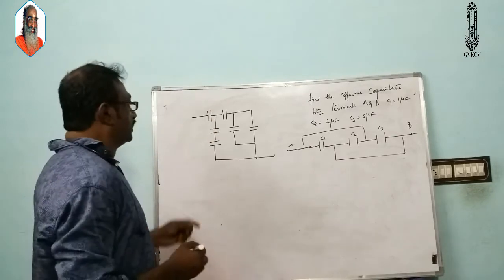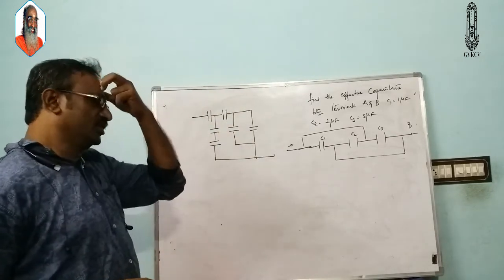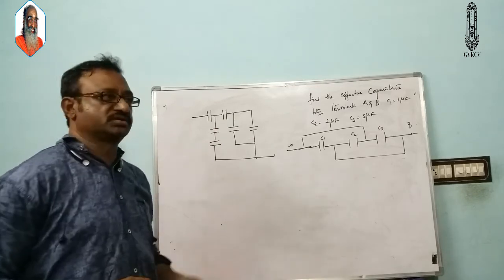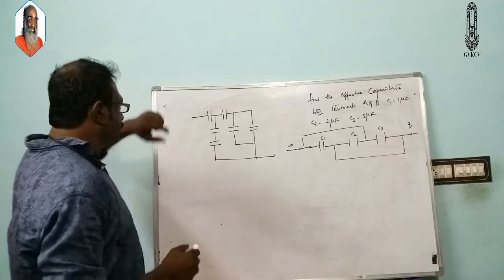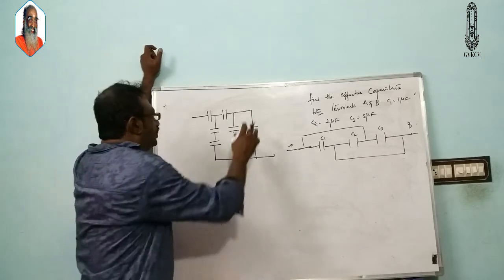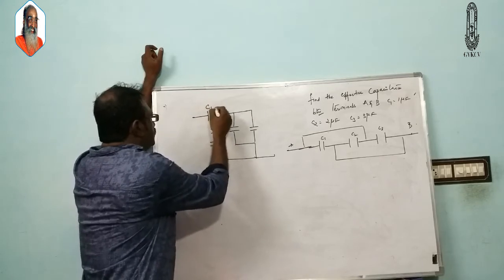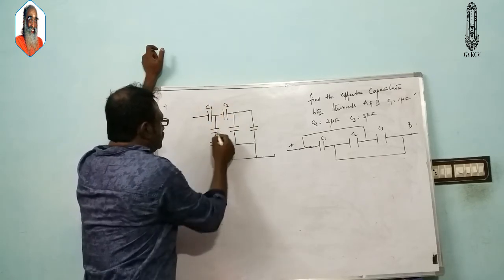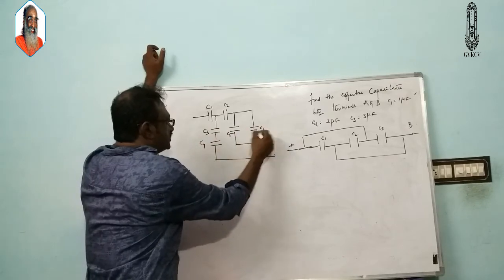Okay, here another combination is given, a simple one. If you look at it as complex, it looks complex. If you look at it as simple, it is just a simple one. So I told you, if you want to find the effective capacitance from this, let these be C1, C2, C3, C4, C5 and C6.